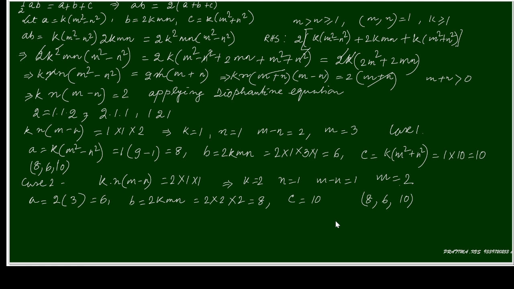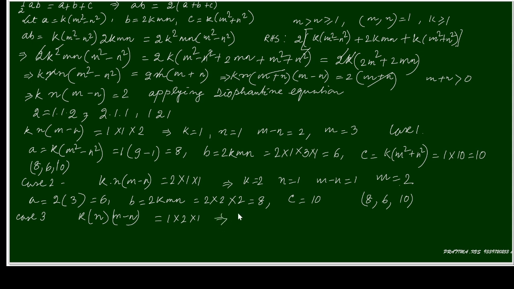Now case 3. Case 3, here it is 1 into 2 into 1. That means K into N into M minus N equals 1 into 2 into 1.